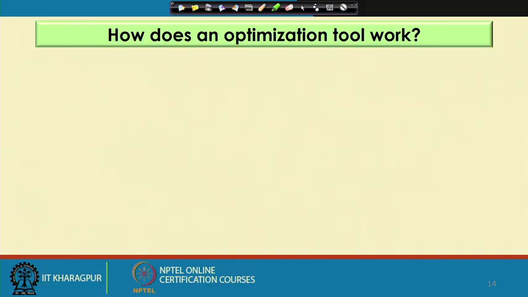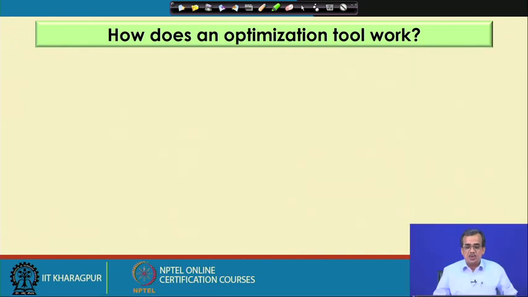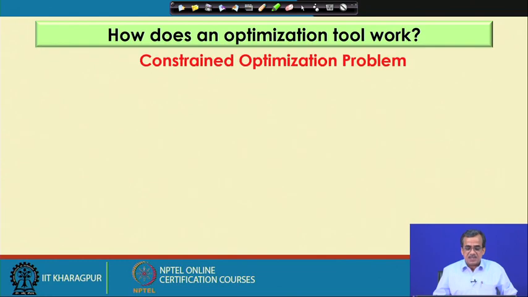Now, I am going to discuss how an optimization tool works. What is the working principle of this particular optimization tool? To explain this, let me take the example of a constrained optimization problem.